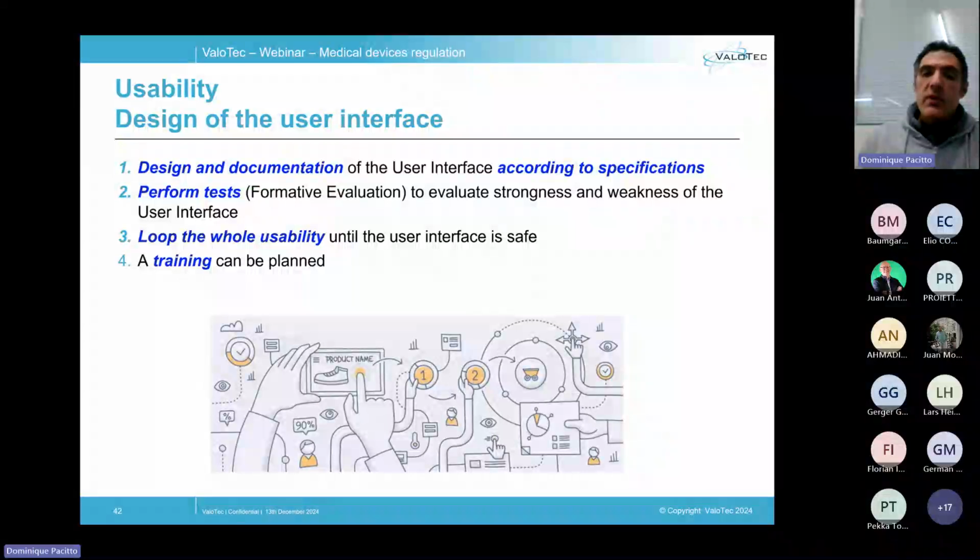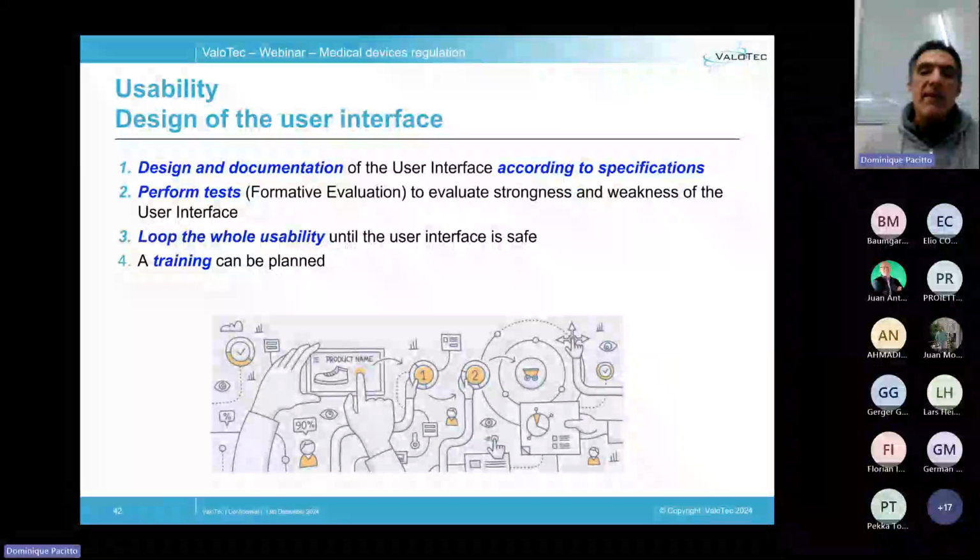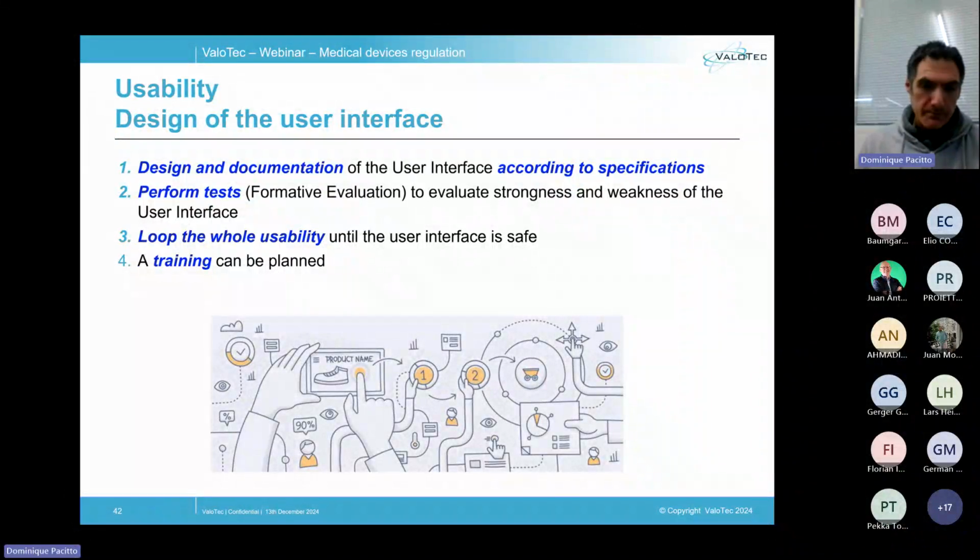This training is suitable for complex devices used by a specialized practitioner, but not for a device used by a layperson at home, for example.